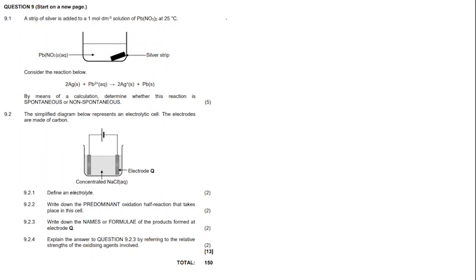So in order to determine this, we need to calculate what the EMF of the cell is. And the EMF of the cell is equal to the reduction minus the oxidation. As we can see, the Ag is oxidized and the Pb is reduced.